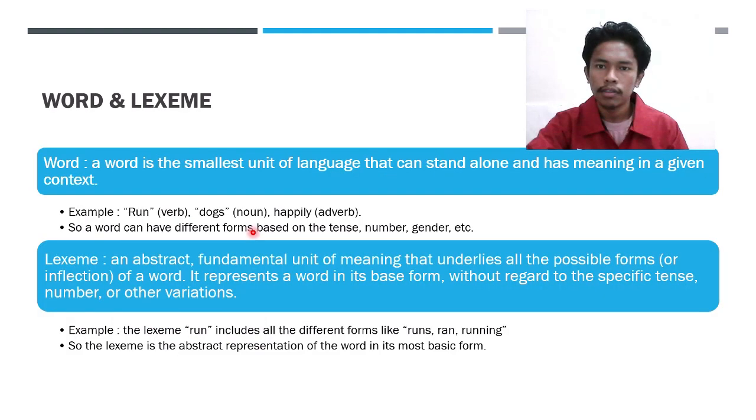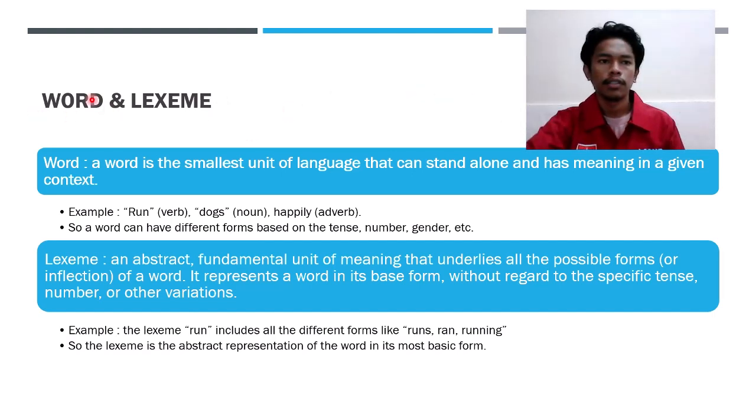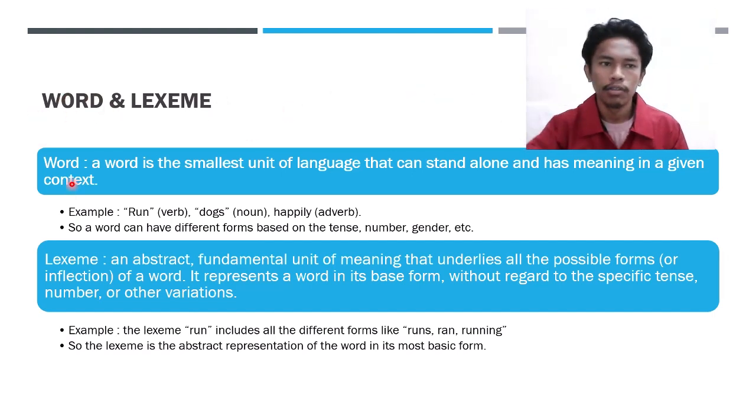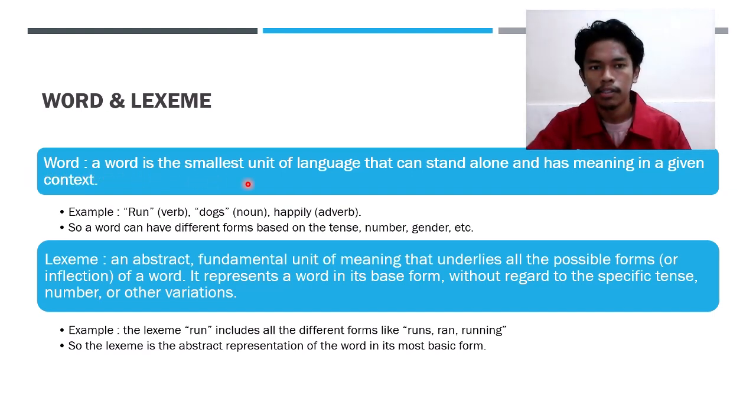Here we arrive at word and lexeme. Let's go to the definition. A word is the smallest unit of a language that can stand alone and has meaning in a given context.